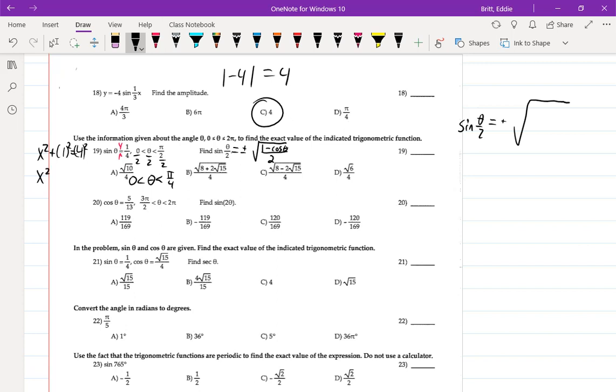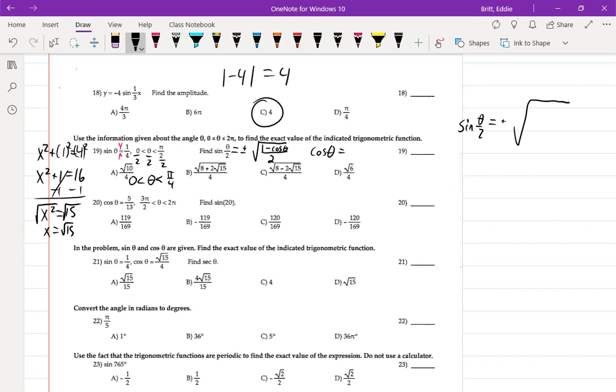So I get x squared plus 1 equals 16, or x squared equals 15. Take the square root of both sides. I'm in the first quadrant, so I know that x is going to be equal to the square root of 15.